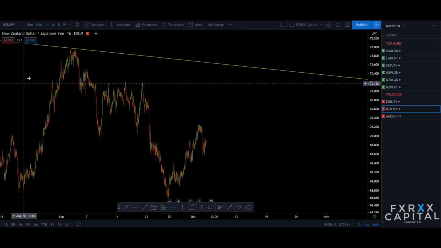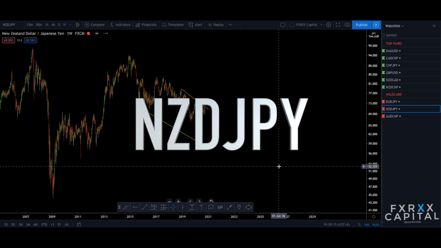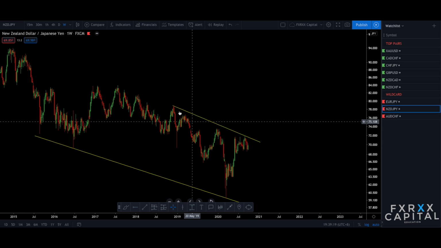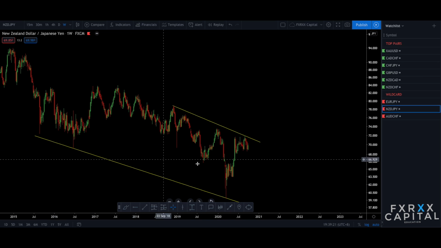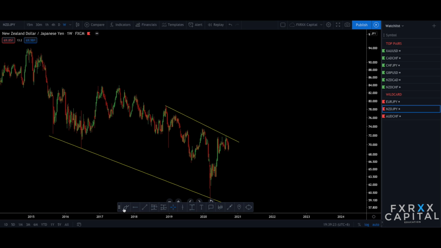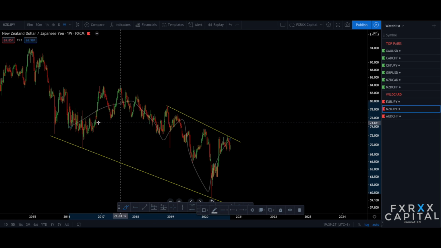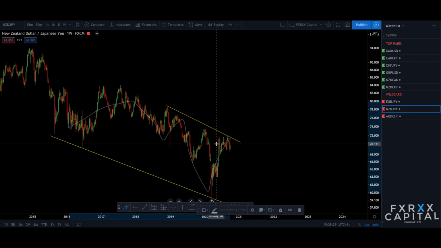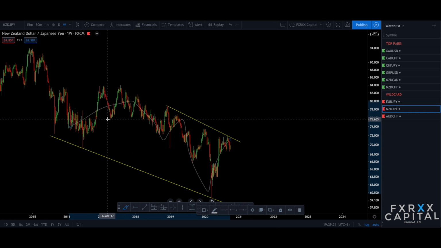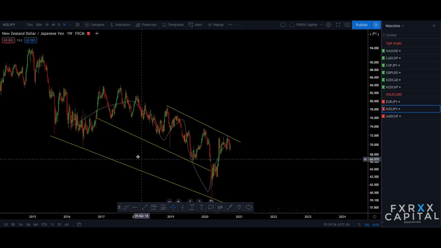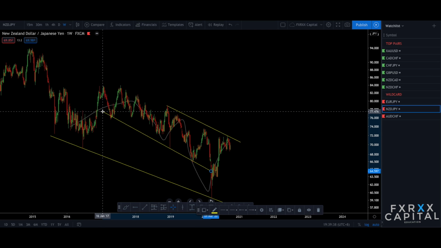Second wildcard will be New Zealand Japanese yen, high time frame, clean structure. You can see price at this big correction. I've been thinking to set my trend line in this area.